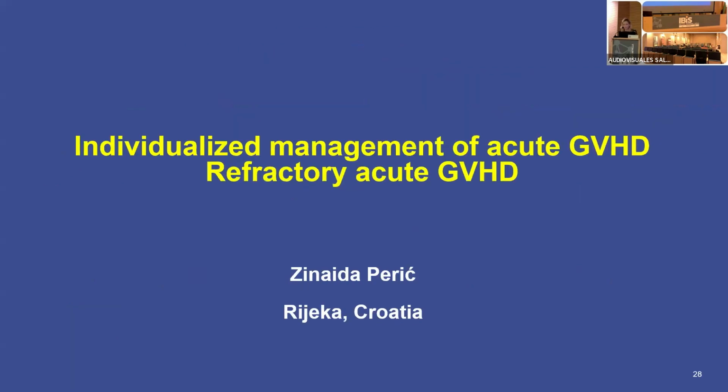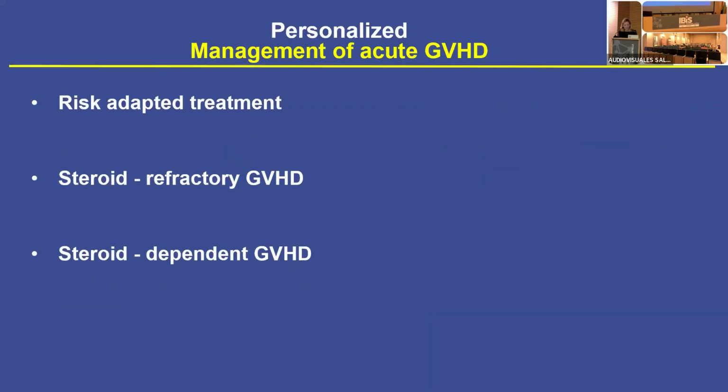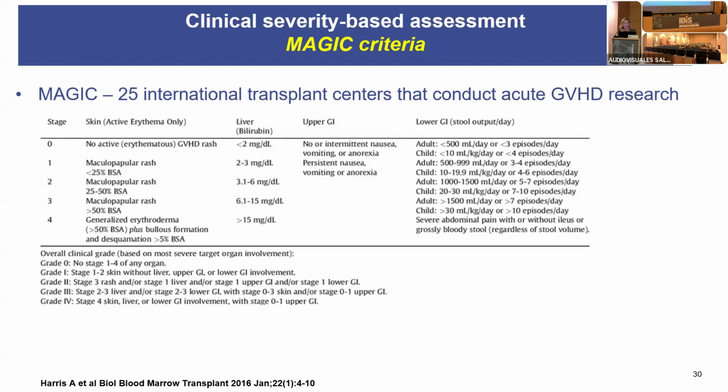Now I move on to the individualized approach. This is the advanced scenario, in case we have it available: risk-adapted treatment. Over time, we have had many years of different clinical staging, and to have risk-stratified management, we have to classify GvHD well to know the risk and the clinical score of GvHD.